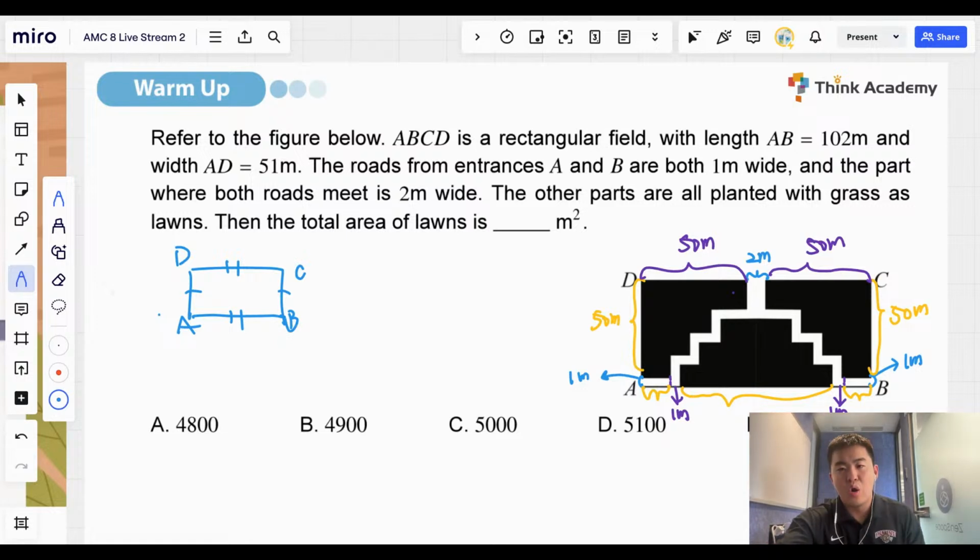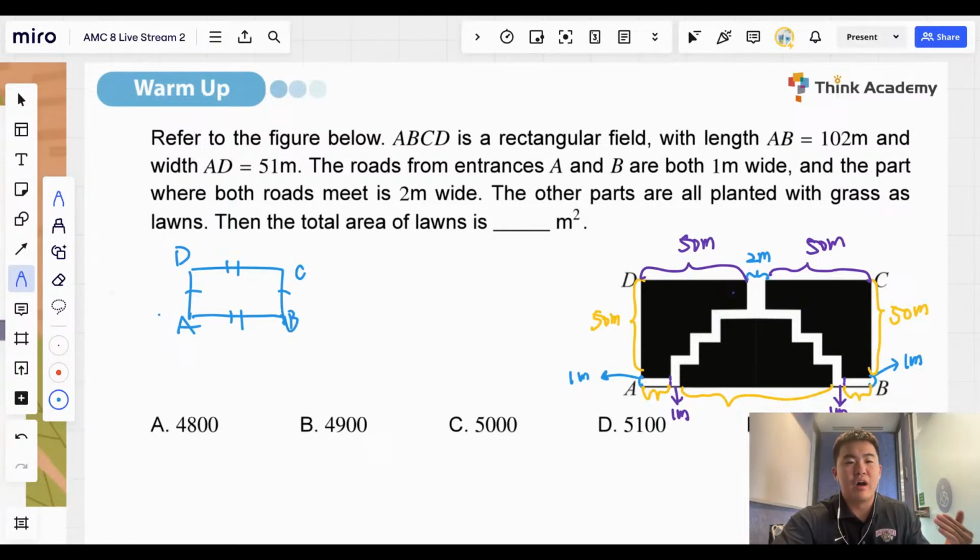In this case, CD is 100 meters after we exclude the gap, and AB is 102 minus 2, which is 100 meters after we exclude the gap. These two opposite sides are equal in length, and AD after excluding the gap is 50 meters, and BC after we subtract the length of the gap is also 50 meters.